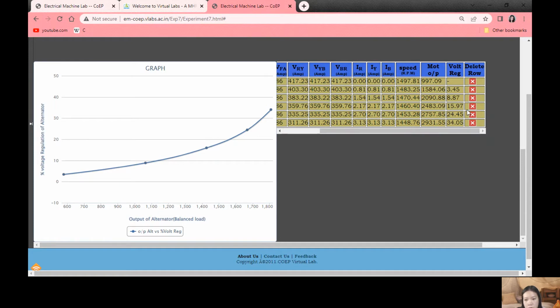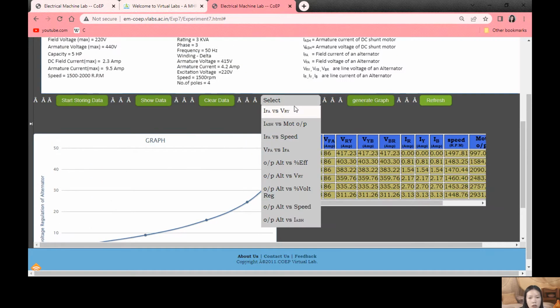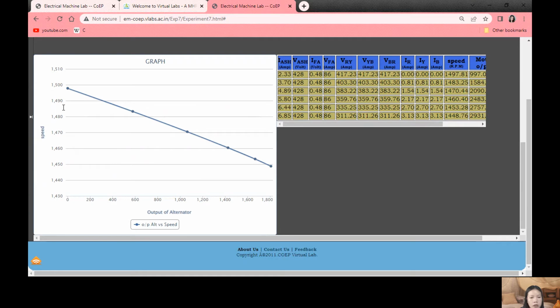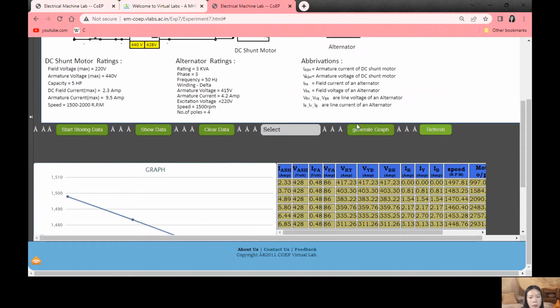Nagkaroon tayo ng 15.97 hanggang 34.05% ng voltage regulation. Next natin is yung output ng alternator versus yung speed. Katulad ng sinabi ko kanina, habang nag-i-increase yung output ng alternator, nagde-decrease naman yung speed natin. Nag-decrease siya ng 50 RPM.